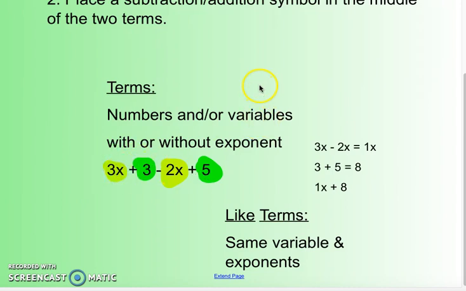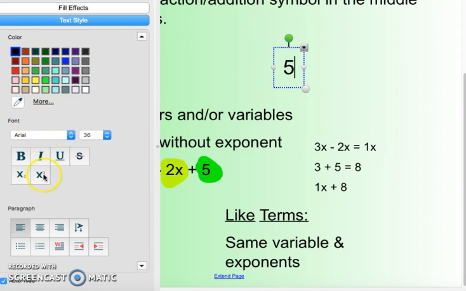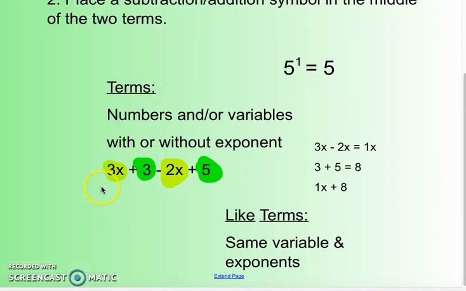You're correct, to the power of 1. I can take 5 and put it to the power of 1 and I still would get 5, because 5 to the first is still equal to 5. So all of these are to the power of 1, even though you can't see that exponent.